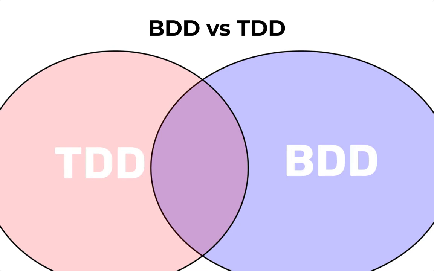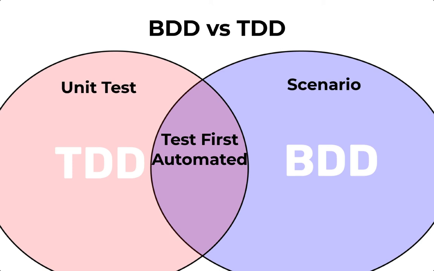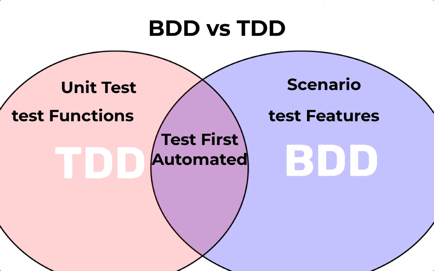And before we jump into the code, I'd like to show you another diagram where we can see where TDD and BDD are similar and different. Both are using the test-first approach, and they are automated. In TDD, we write tests which are called unit tests, and in BDD, we write scenarios. In TDD, we test a single unit which is a function or class, but in BDD, we test a feature of a system.